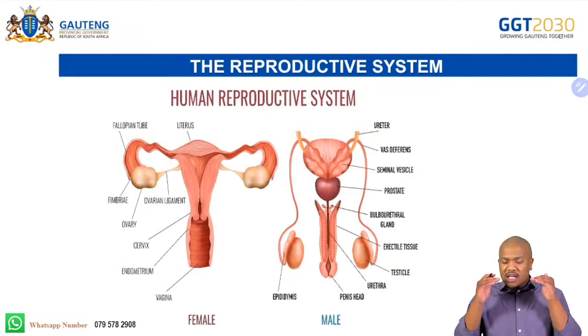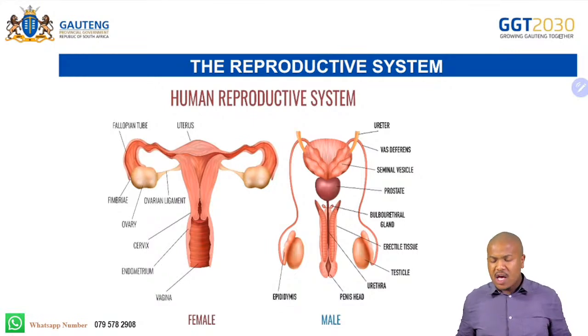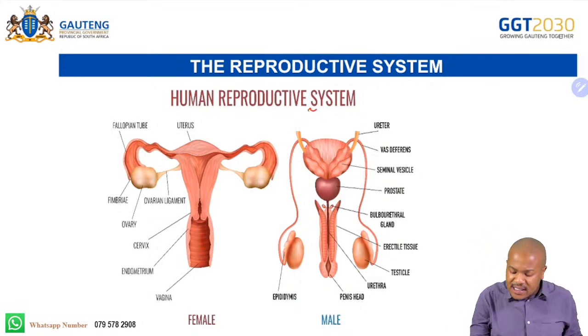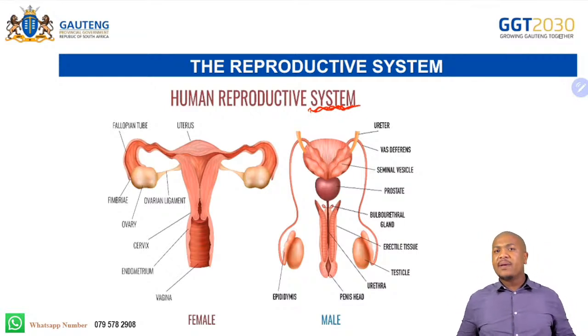So now, the reproductive system, which is today's main meal, accompanied by puberty. Let's start by unpacking the word system again. Remember in our previous topic, we said that a system is different parts that are working together for a specific function. In this case, we mean different organs that are working together for a specific function.